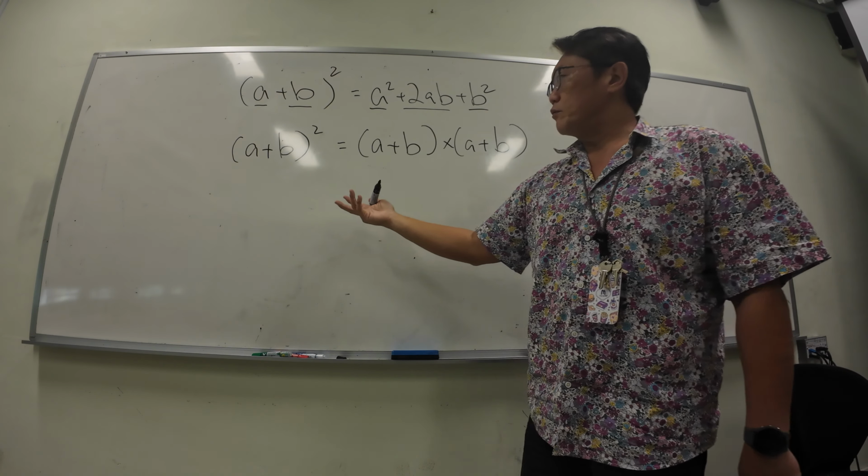That is why we end up with front square, back square, and the middle becomes minus 2 times front times back.